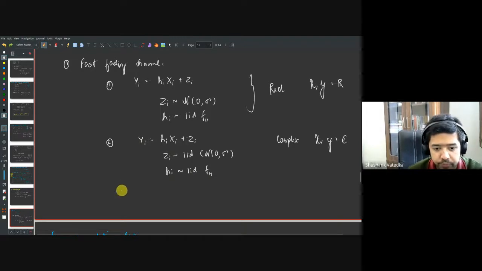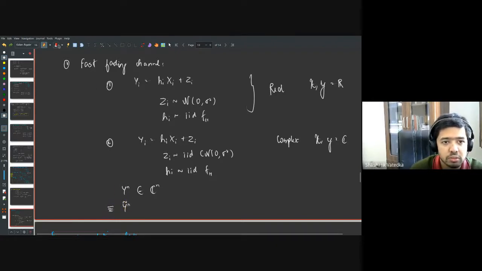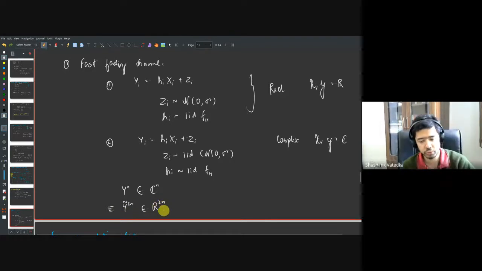So y^n is a sequence of n complex numbers, or equivalently you can also view this as a sequence of 2n real numbers. That's one way to view it.